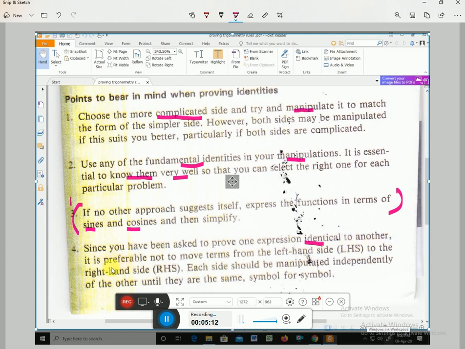It is preferable not to move a term from the left hand side to the right hand side or vice versa. Each side should be manipulated independently of the other until they are the same, symbol for symbol.